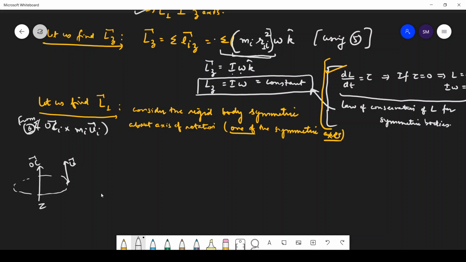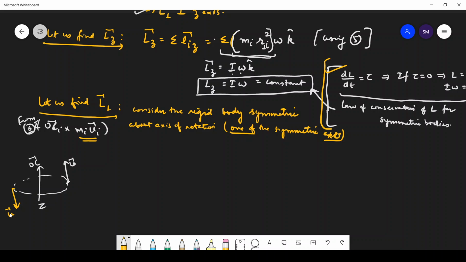Now for such a body which is symmetric about this axis of rotation, definitely if you have some particle over here whose velocity is v, because it is a symmetric body, you will find a particle in the same position on the other side whose velocity will be minus v. So if there is one component of vi, you will have another component of minus vi.